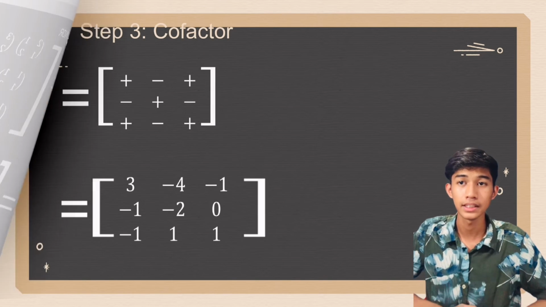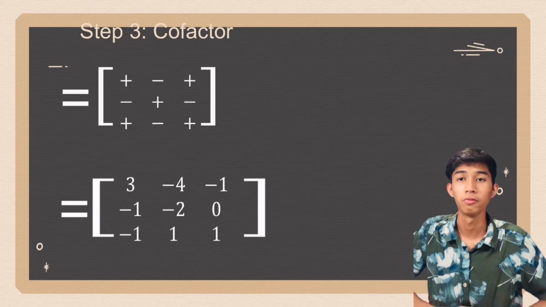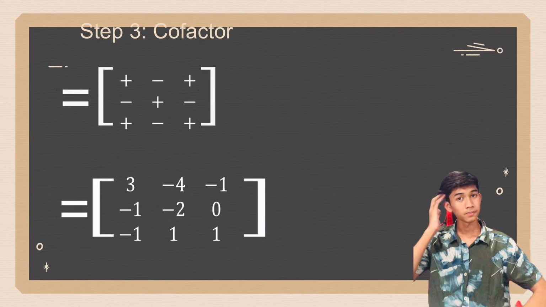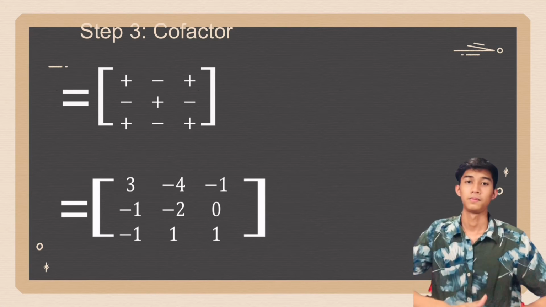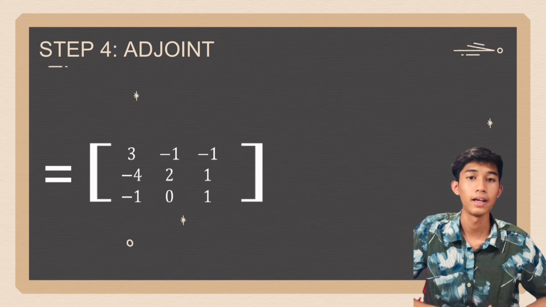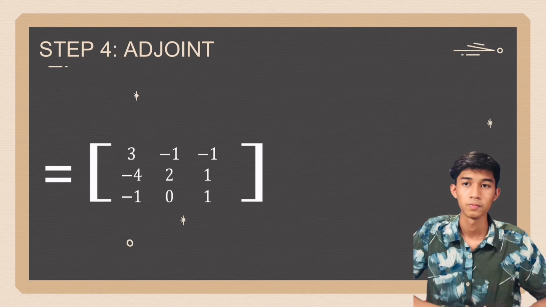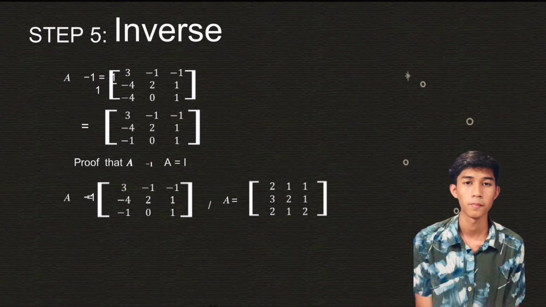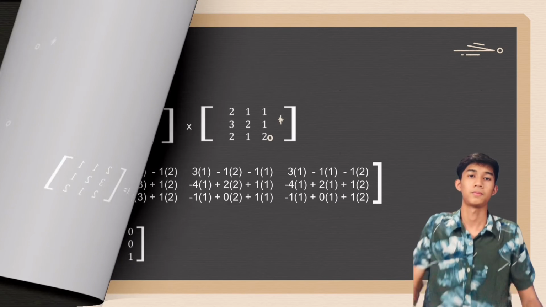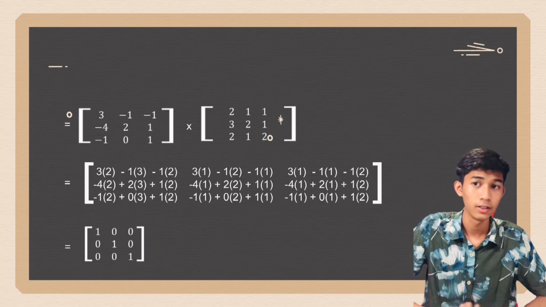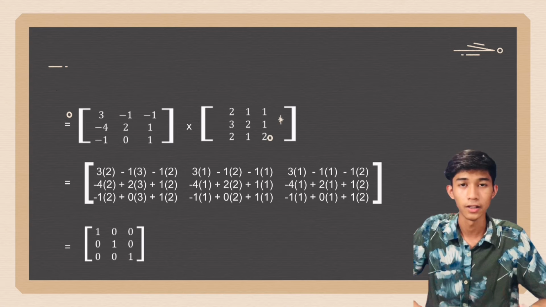And step 3, we need to cofactor this. The next step, adjoint. And the last step is inverse. Finally, we will get the answer.